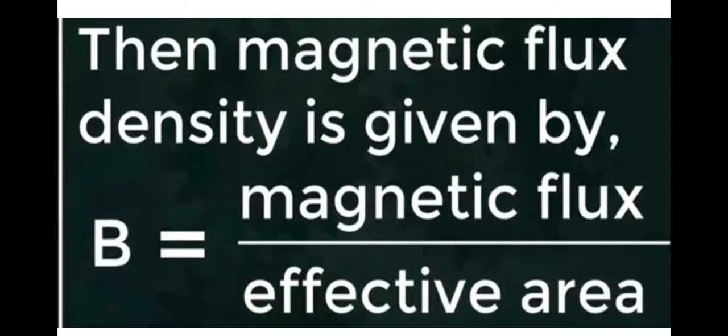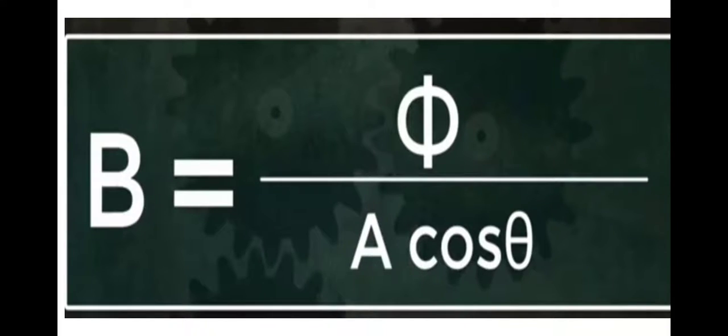The magnetic flux density is given by B equal to magnetic flux divided by effective area. This formula is used when the plane makes an angle with the field, then B is equal to phi by A cos theta.